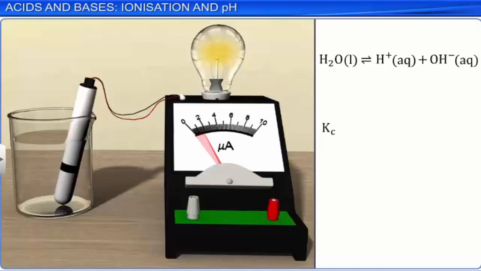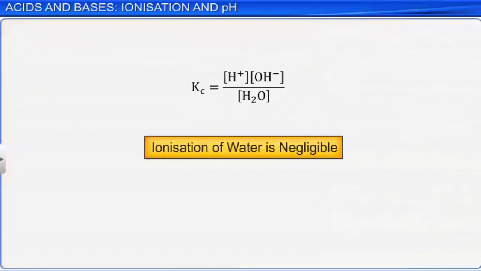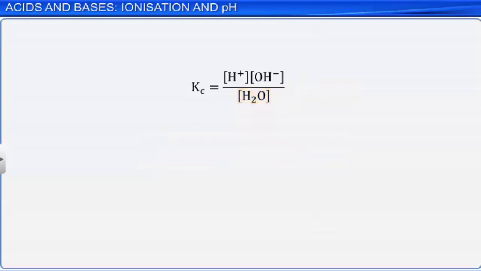The equilibrium constant Kc for this equilibrium can be written as Kc equals the product of the concentration of H+ ions and the concentration of OH- ions divided by the concentration of H2O. Since the ionization of water is negligible, the concentration of water can be taken as constant.